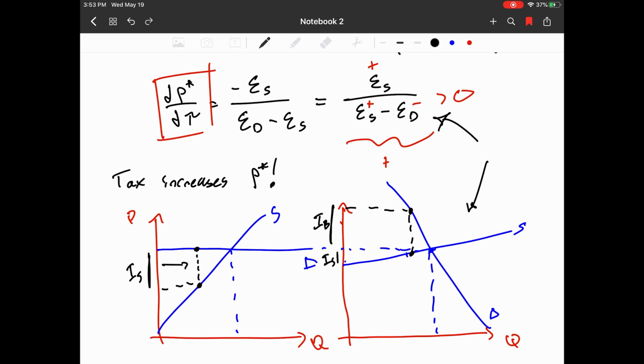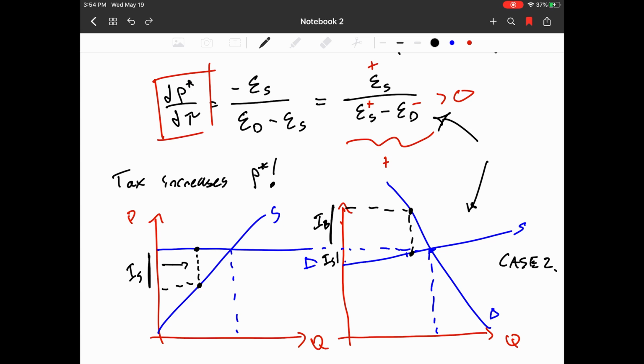So let's walk through a couple examples here. What if we have an elasticity of demand of 0? So the responsiveness of the demand curve is very low, which corresponds more to case 2.